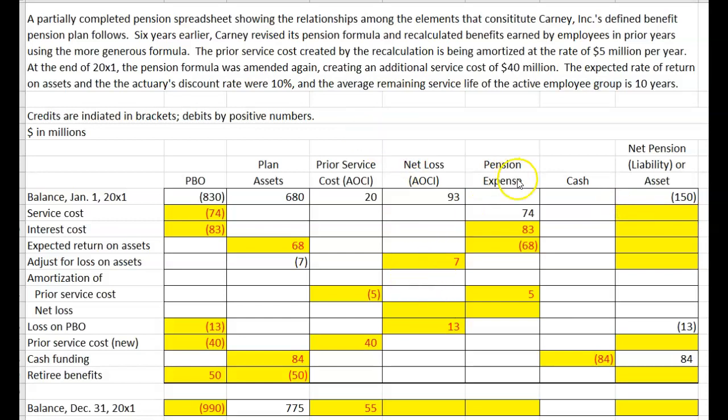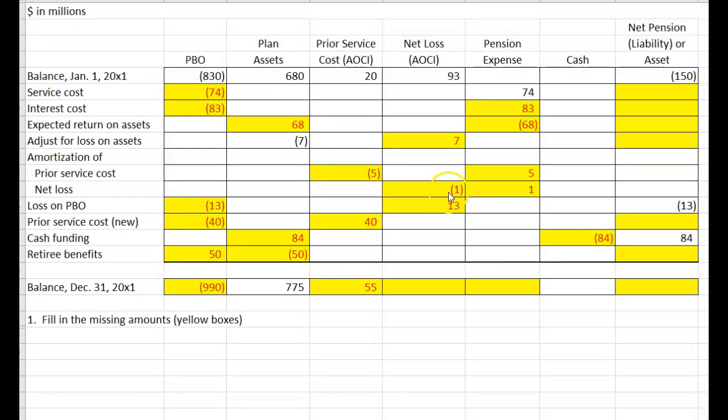That amortization will increase the pension expense. So go ahead and write your debits and credits in these 2 columns, and then start the video again to check your work. So we recorded a $1 million credit in the net loss AOCI column and a $1 million debit in the pension expense column.